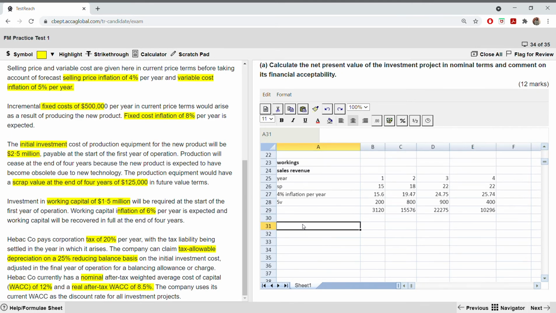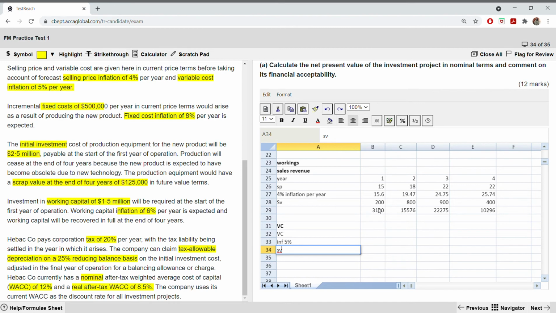Okay, this is much easier. Do the workings. In fact, for variable cost also, variable cost, inflation 5%, then sales volume SV.